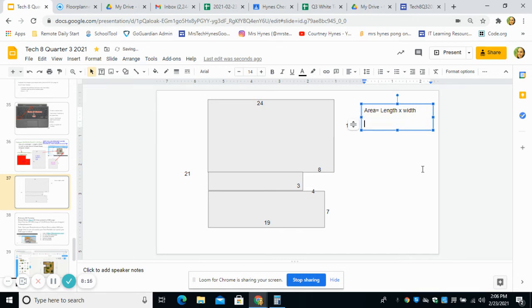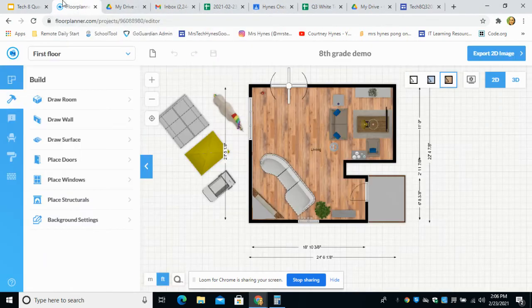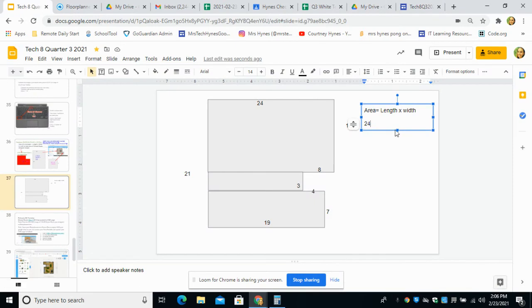So you're going to do 24, and then we have to figure out what this length right here is. I didn't label that. Oh, I did, it's just under there. So it's going to be 24 times 12.